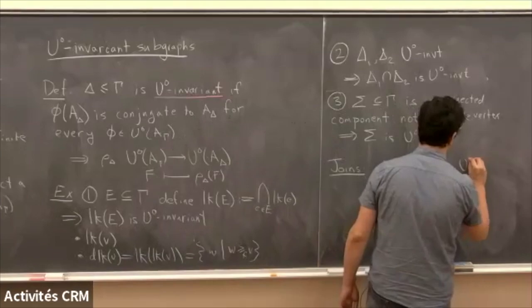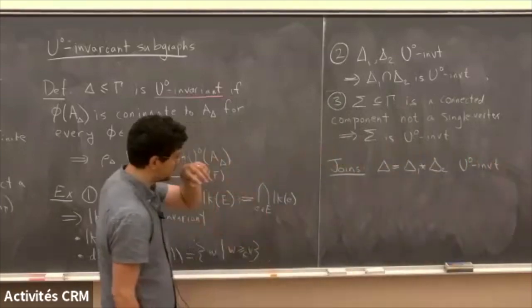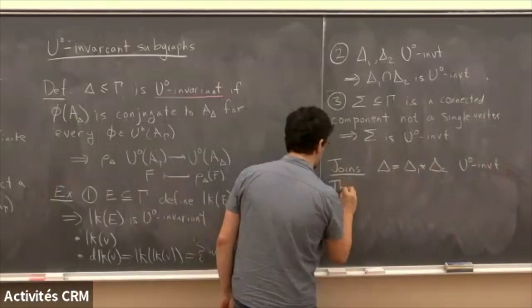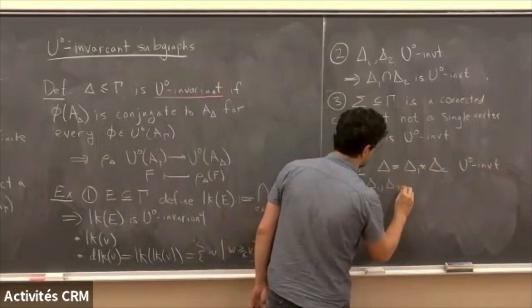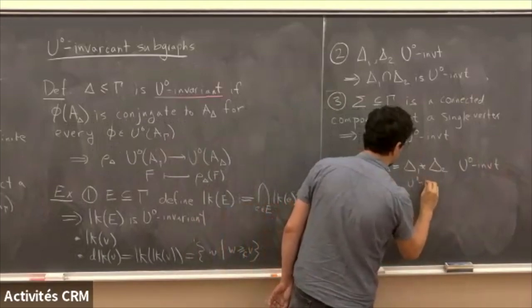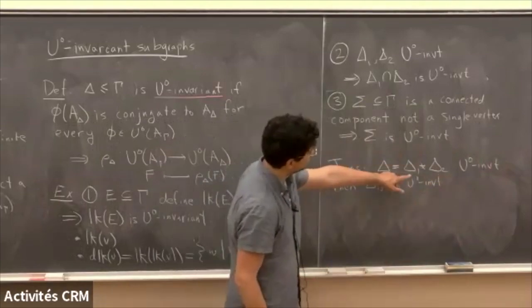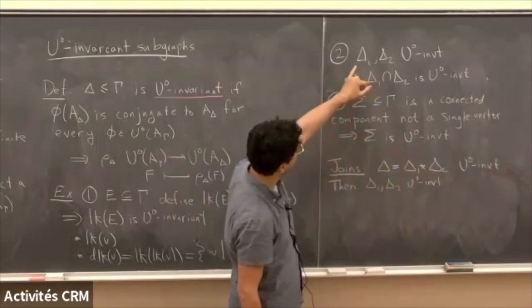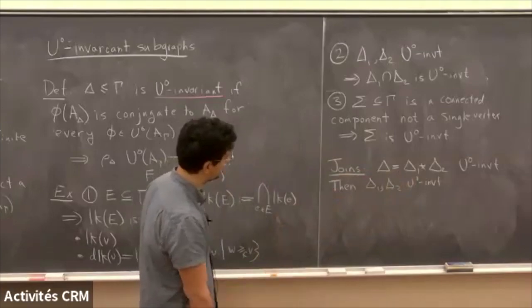And I want to assume here, for reasons that will become clear, that delta is U0 invariant. So then delta 1 and delta 2 are also U0 invariant, because delta 1 is exactly the link of delta 2 inside of delta. So if you intersect the link of delta 2 with delta, you get delta 1, and conversely.